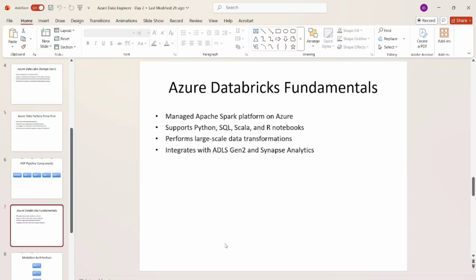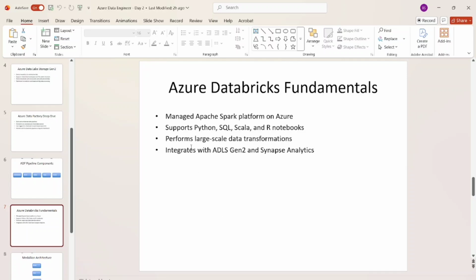Next is Azure Databricks fundamentals. Azure Databricks is a managed Apache Spark platform optimized for Azure. It enables large-scale data processing and advanced analytics. So why Databricks?